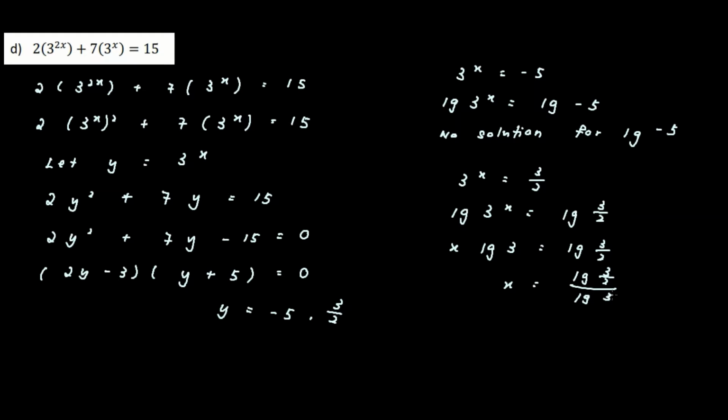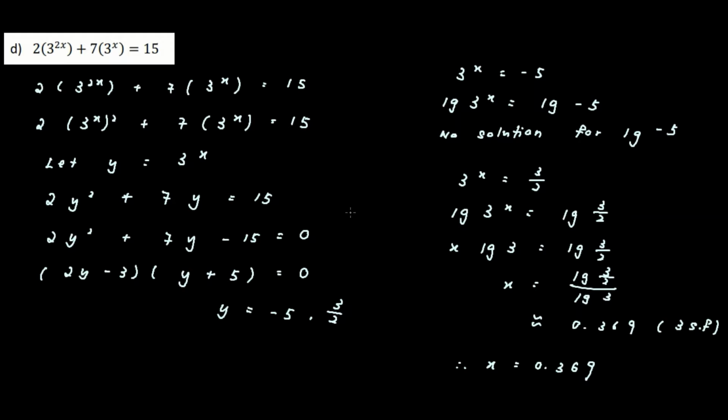Try to use your calculator, then you should be able to get 0.369 in 3 significant figures. You will get 0.39369 and so on, so three significant figures. So you will have your answer x equals 0.369. Alright, so that's the question.